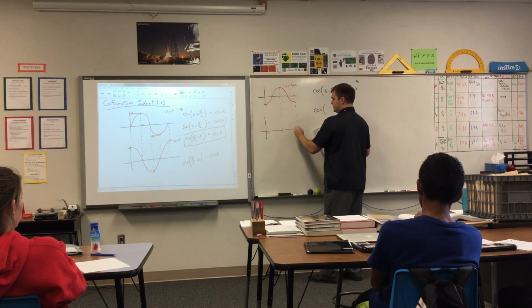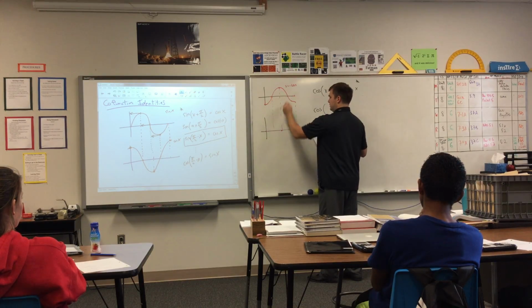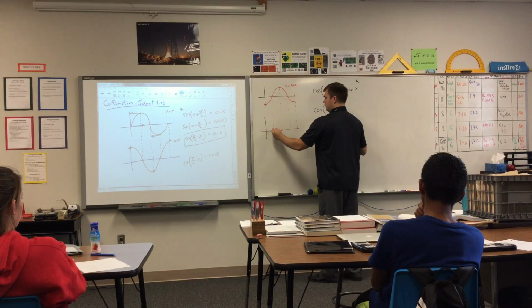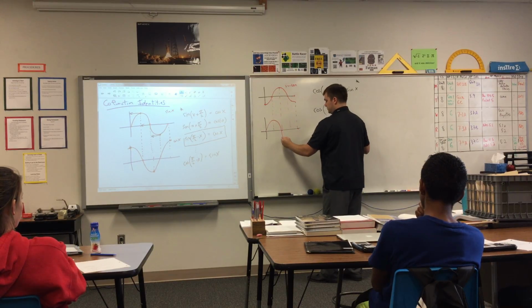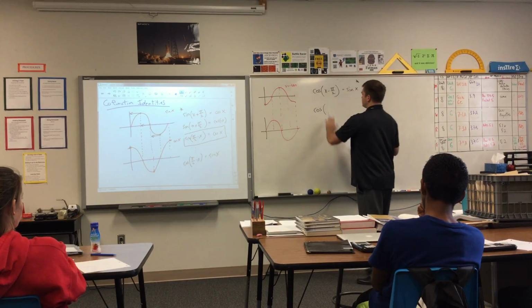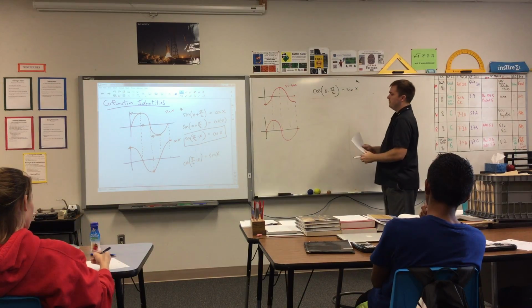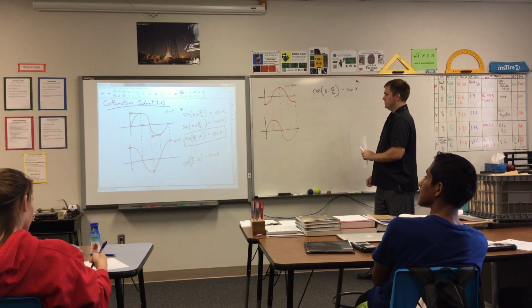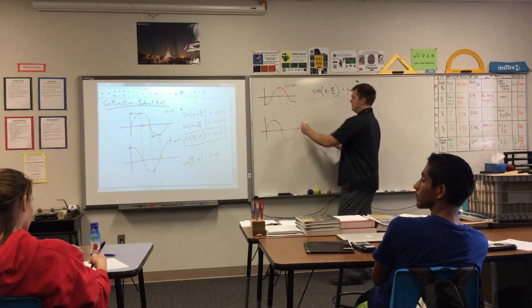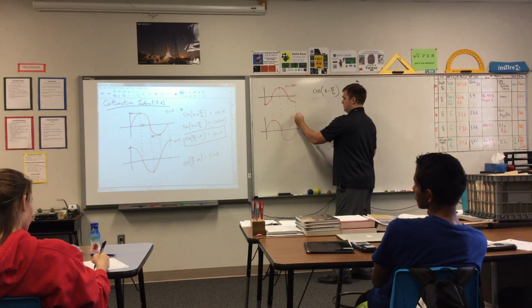And comparing that with the sine graph. So that's true. To get the bottom one over here, it'd have to be a negative cosine graph.